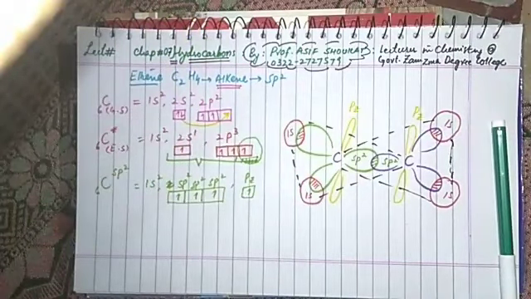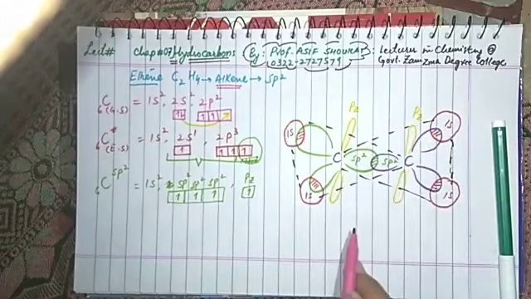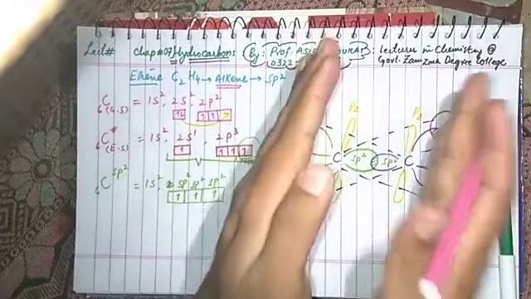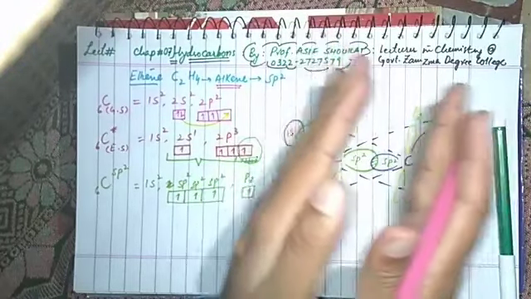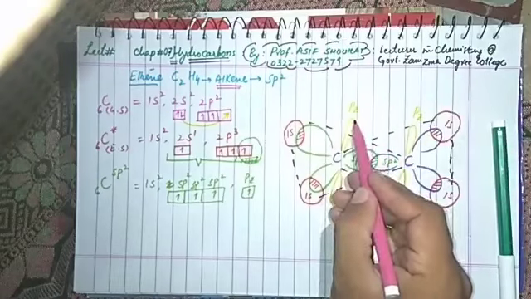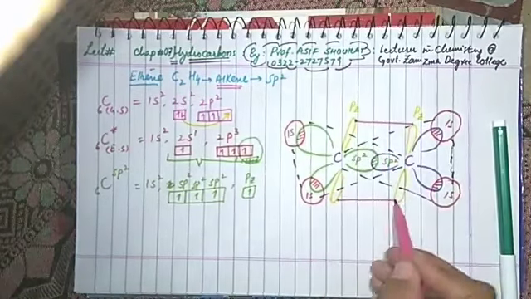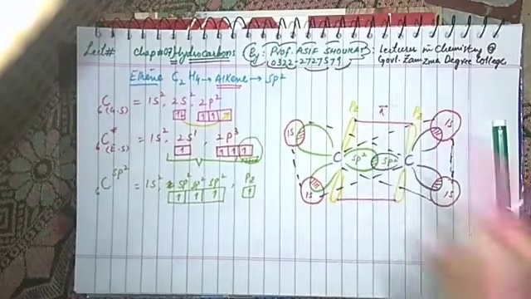The interesting information is now, what about these 2 pz orbitals? These are actually parallel. When parallel orbitals overlap, they make one pi bond. This one is the pi bond.